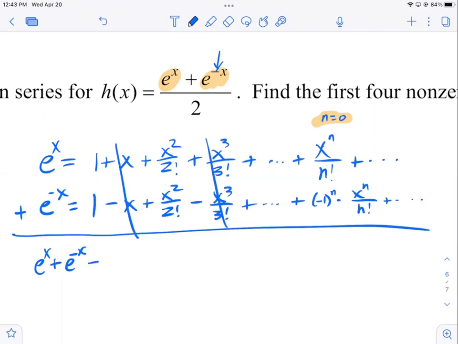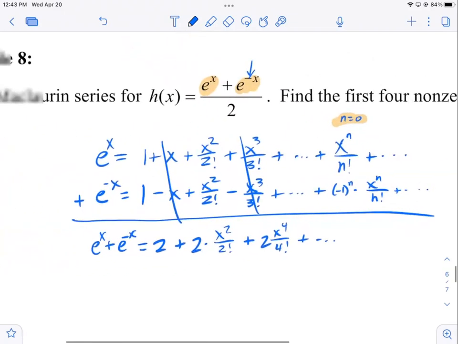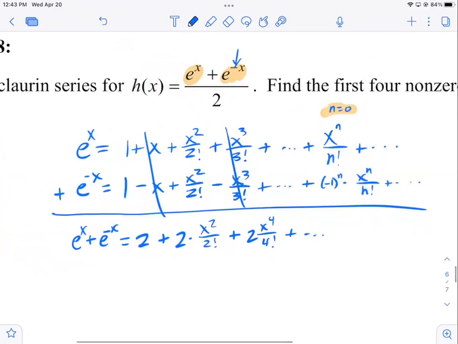And then I add what's left, and I get 1 plus 1 is 2, plus I have 2 of those. And then if I do more, I'm going to have plus 2 of these over 4 factorial plus ... Now, how do these add together? That's going to be kind of a harder thing to manage, right?